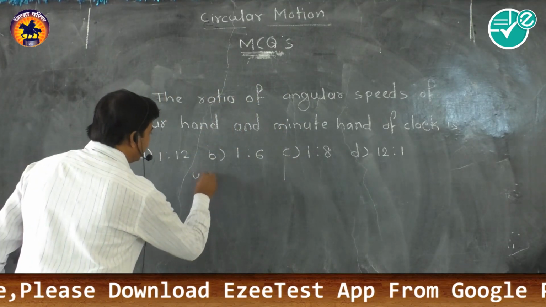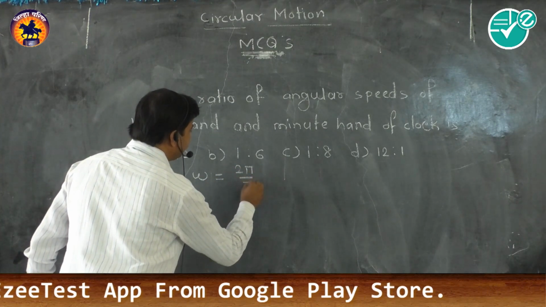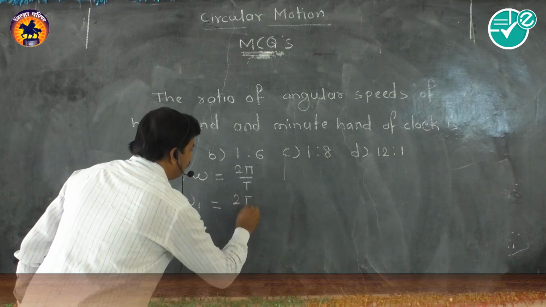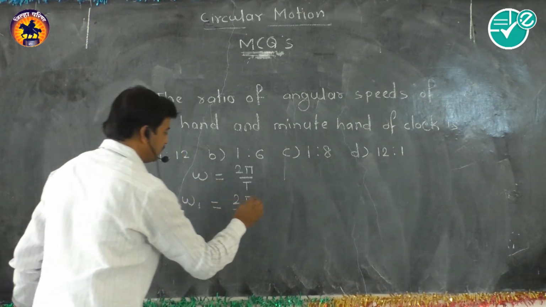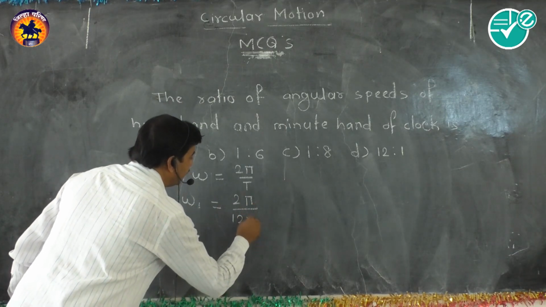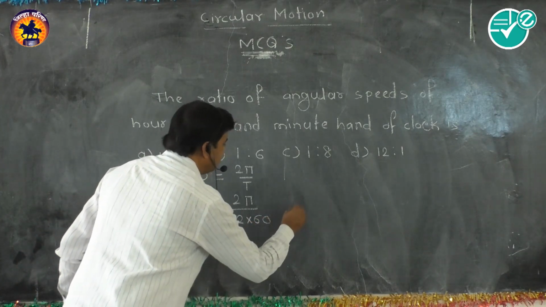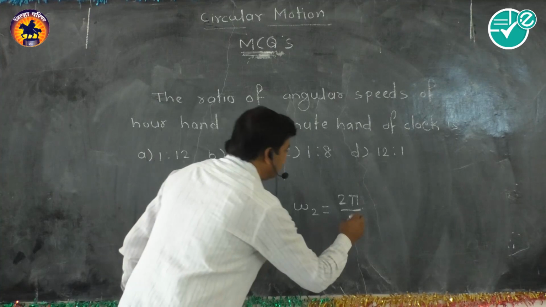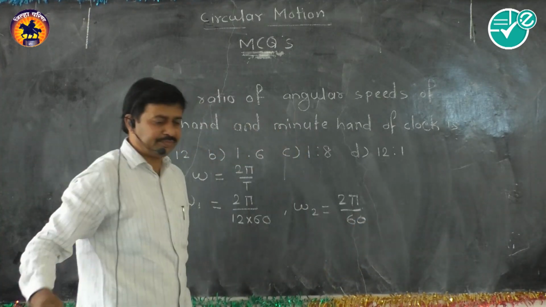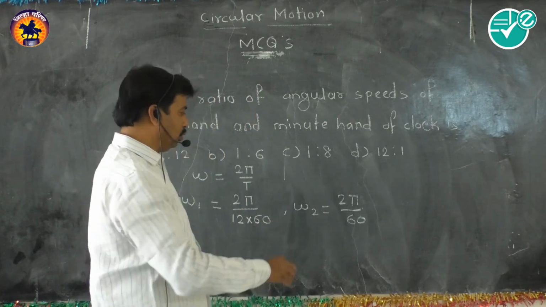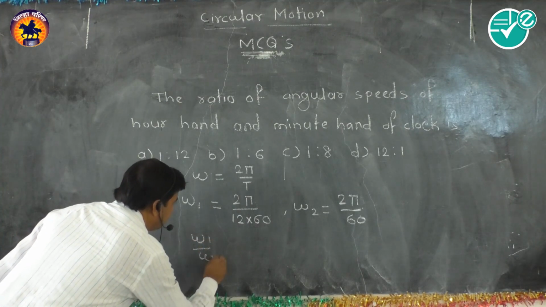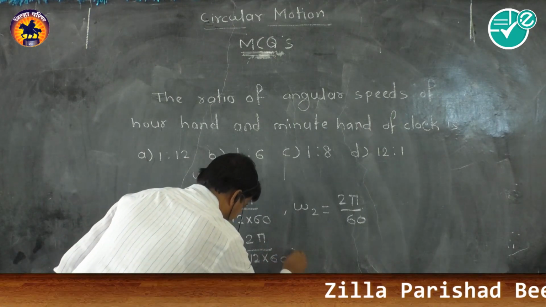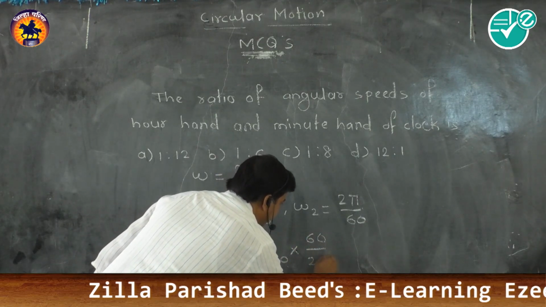The angular speed is given by 2 pi by T. The periodic time for the hour hand is 12 hours, so it will be 12 into 60 into 60, and the same for the minute hand, omega 2 will be 2 pi by 60 into 60. So the ratio omega 1 upon omega 2 will be 2 pi upon 12 into 60 into 60, upon 2 pi upon 60 into 60.